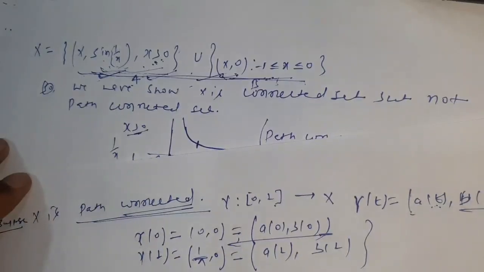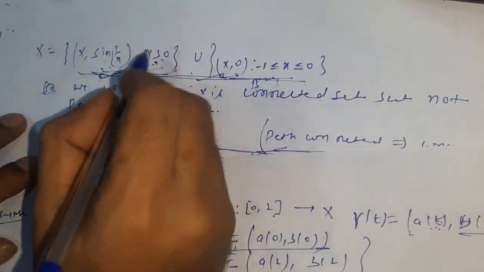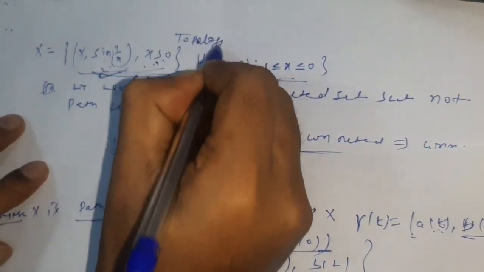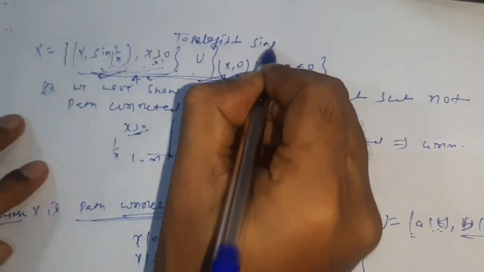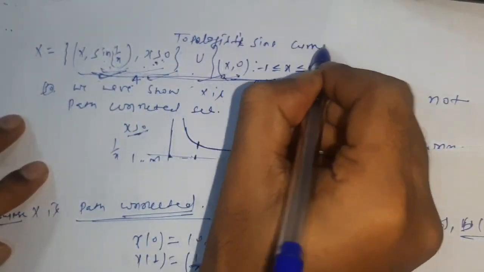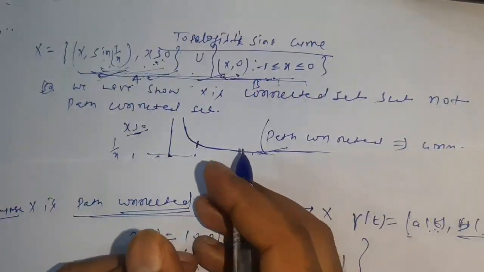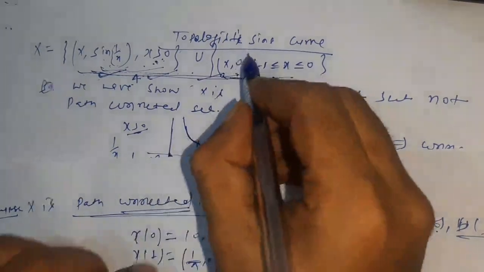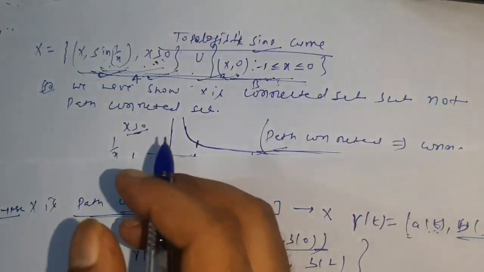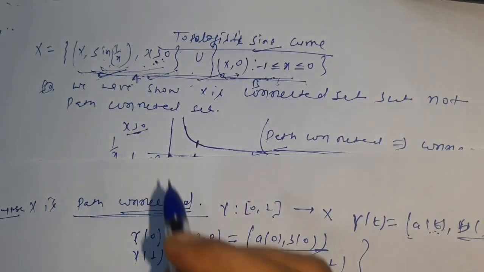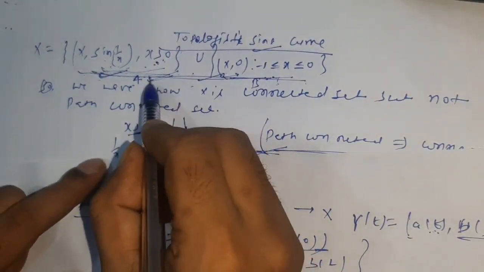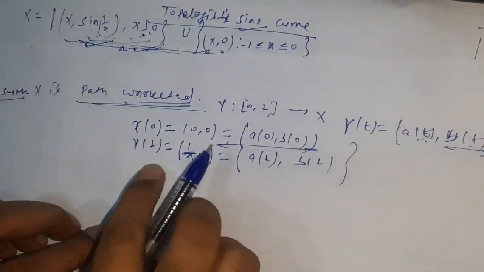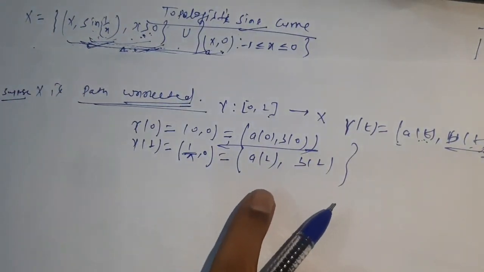One thing I forgot to say: this set is known as the topologist's sine curve. If you have heard about this, then good. If you see this curve, then in your mind come to this set. So now come to the point. Gamma(1) is equal to this.